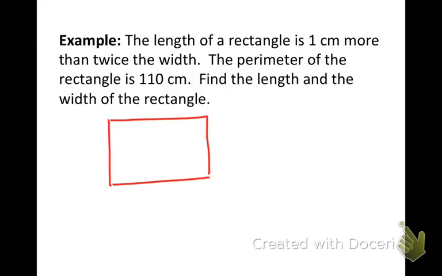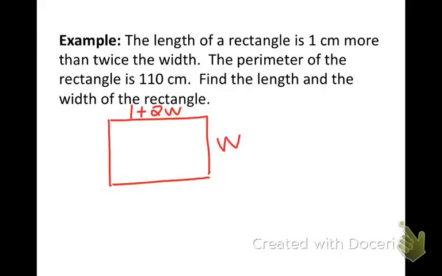Sure, we can do that. 1 plus 2w. So then what would be the expression for the width, if that's the length? Maddie? It would just be w, right?